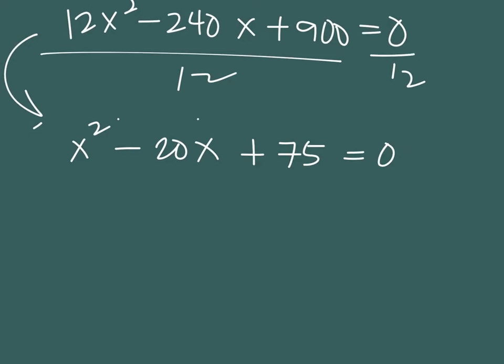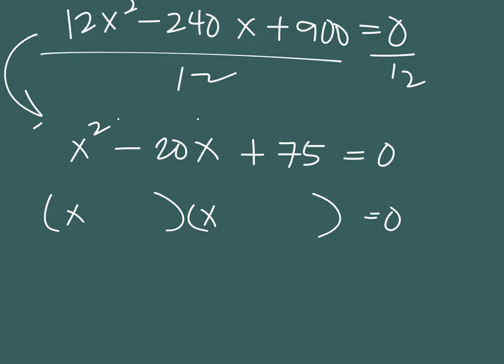And then x could be x and x from x squared. Factors of 75, that will give us 20. Two numbers, when you multiply, the result is 75.